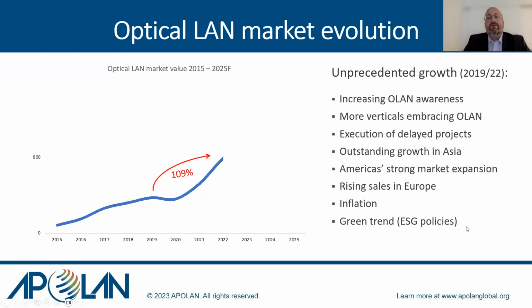And then, of course, there's increasing pressure on green and environmental concerns from all sorts of stakeholders: from governments, from companies, from the public. Companies are setting their ESG policies, and this, as we will see in a minute, is something optical local area networks have a lot to add to.